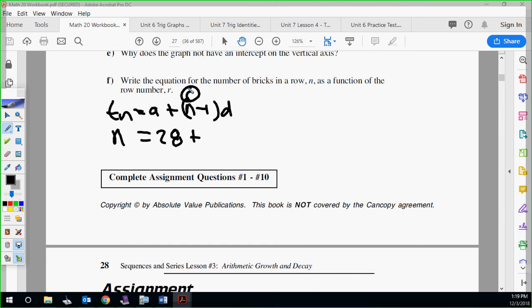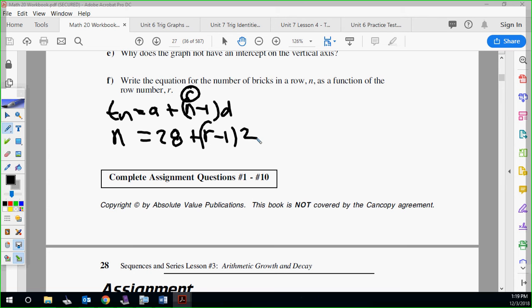Rn for the problem is rows. So they make your n r, but then they make your total number of bricks the n, which I think is weird. But the point is we do the same thing we've been doing, we just count r as n. So this is going to be r minus 1. What's the common difference? We're going to be done. That's why it's not a big deal. This is a 2.